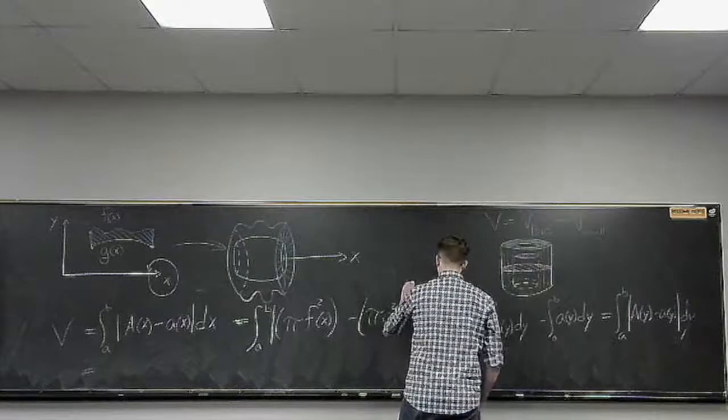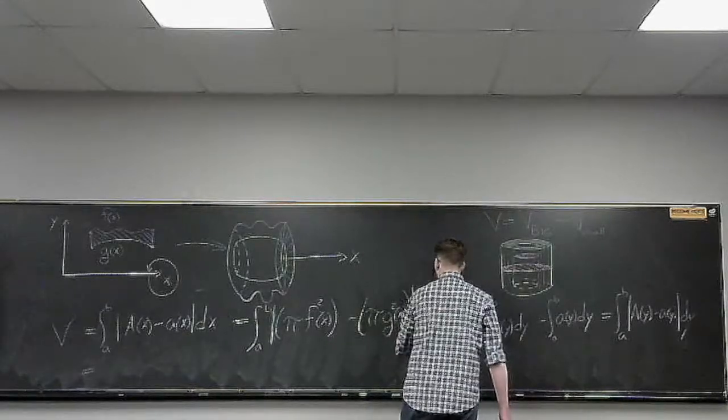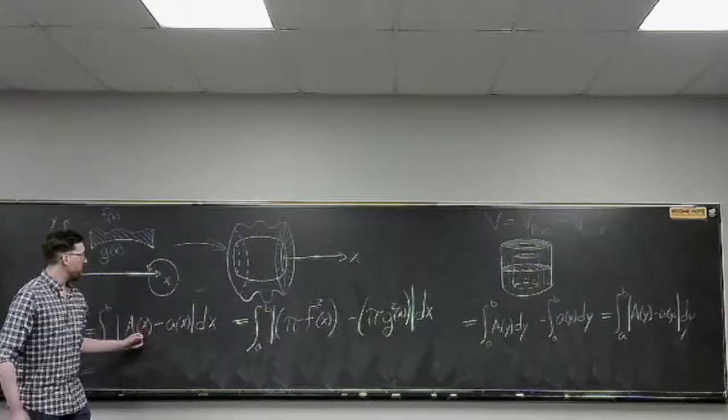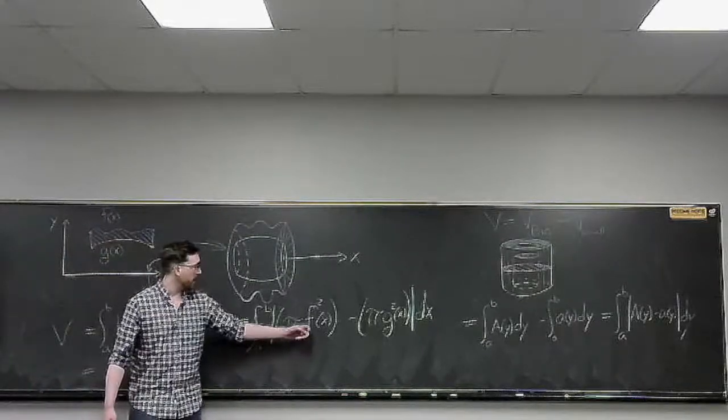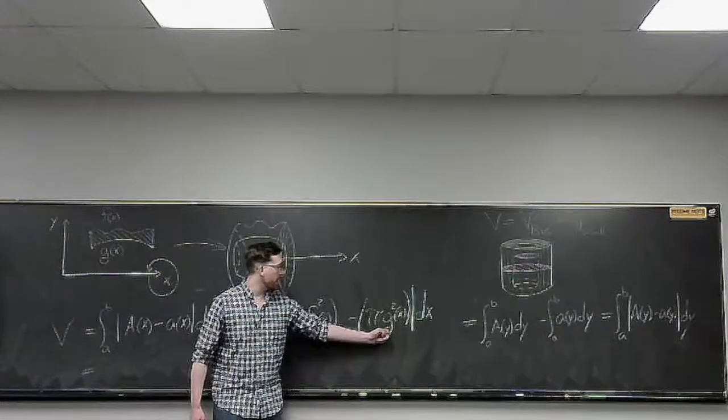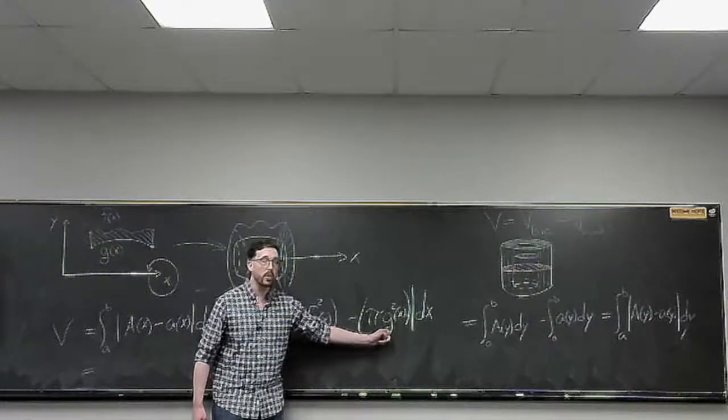And this is all integrated with respect to x. Now why is it that the big area is pi times f squared of x and the smallest area is pi times g squared of x?